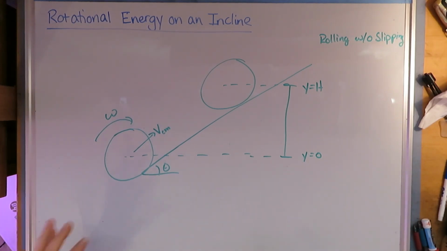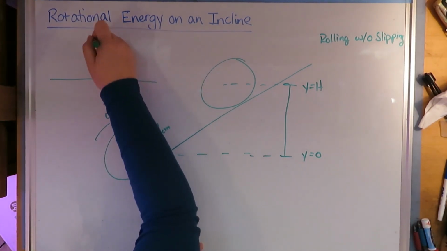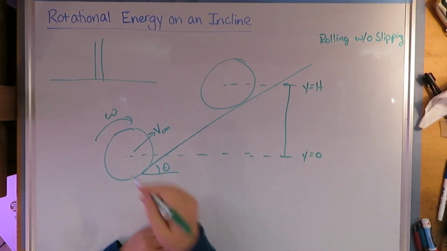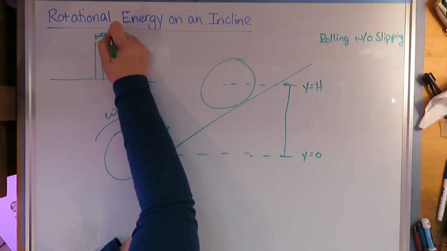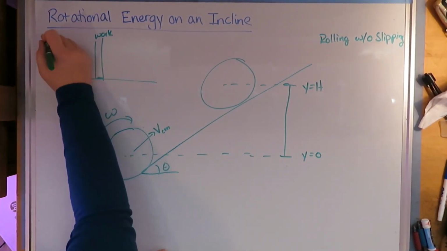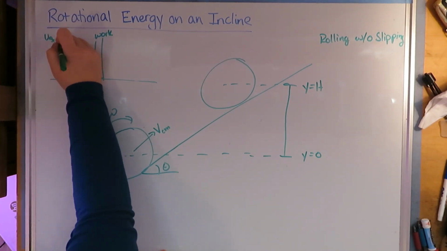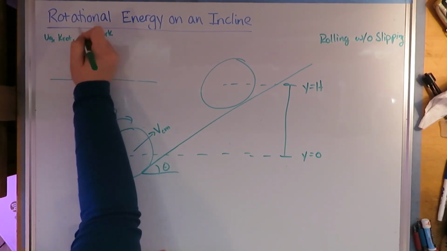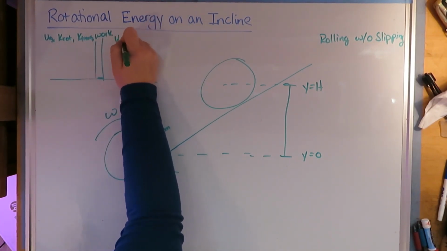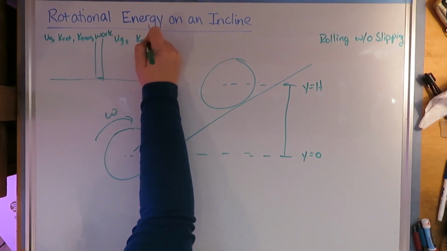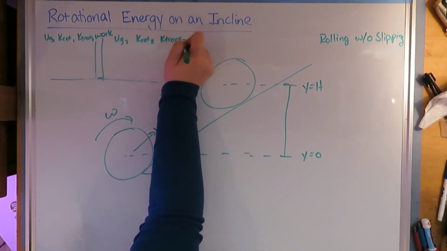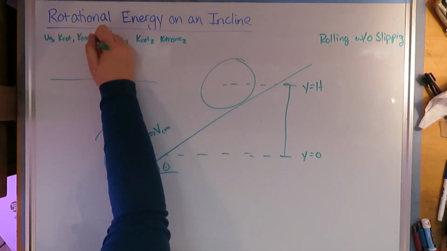Looking at an energy diagram, when we see rolling without slipping, there's no loss to friction, so our work is actually going to be 0. At the start, we have potential energy, rotational kinetic energy, and translational kinetic energy. At the end, we could have potential, rotational, and translational kinetic energy.